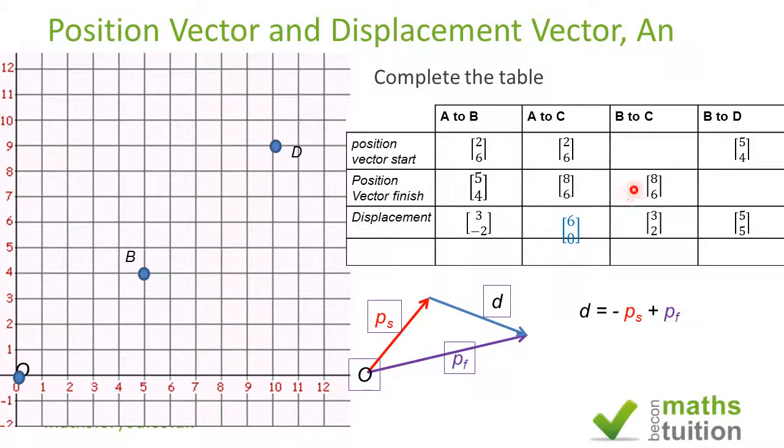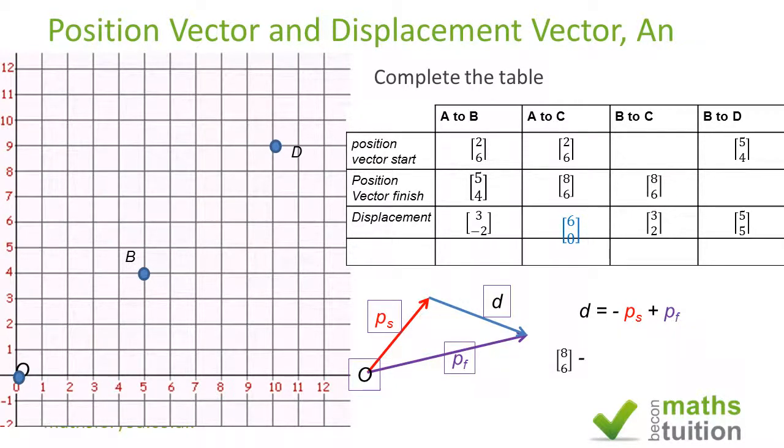Now, because we're looking for P_S, looking at the algebra, if P_S goes across to the left hand side, the sign will change. And then D goes across to the right hand side, the sign will also change. So we end up with P_S equal to P_F minus D. Now P_F we know as (8, 6), and that's given to us there.